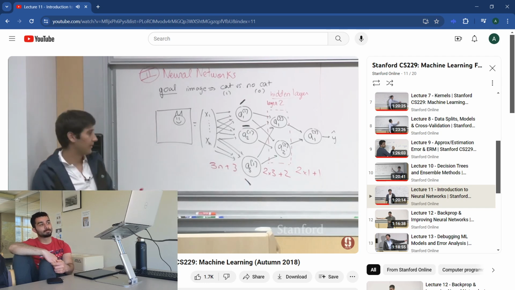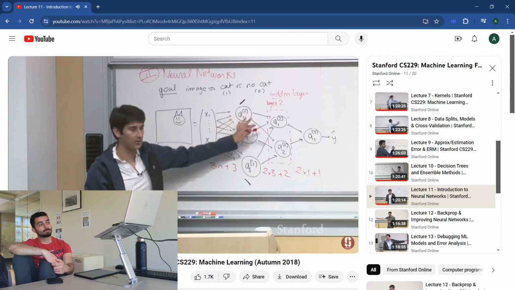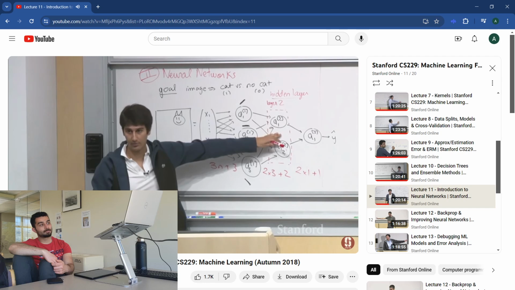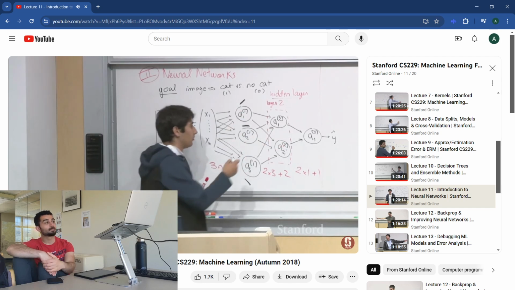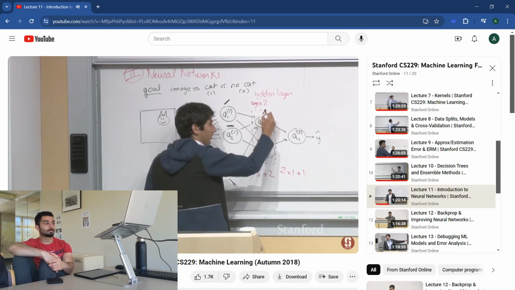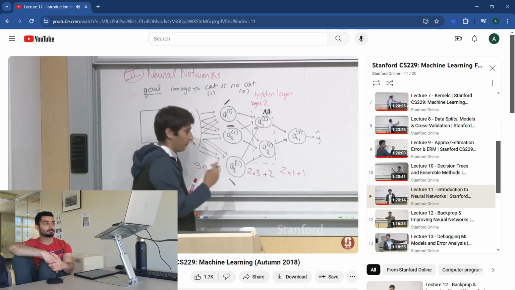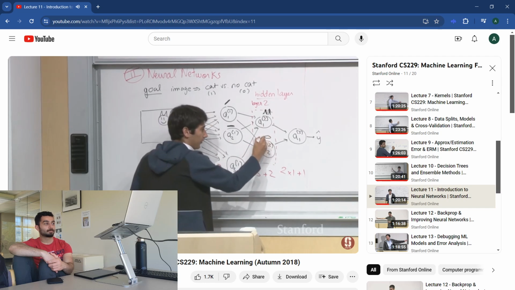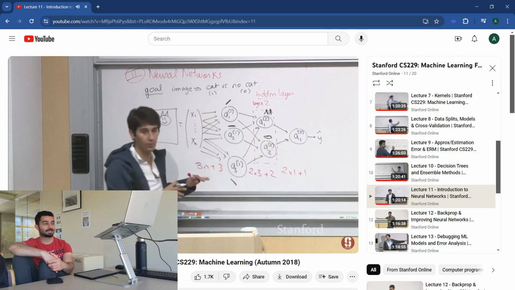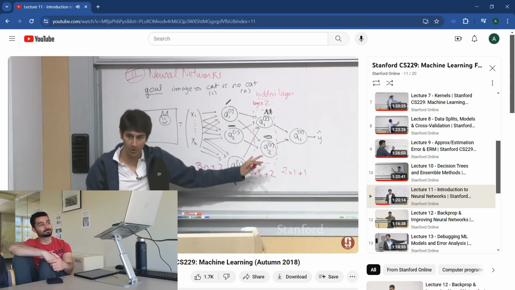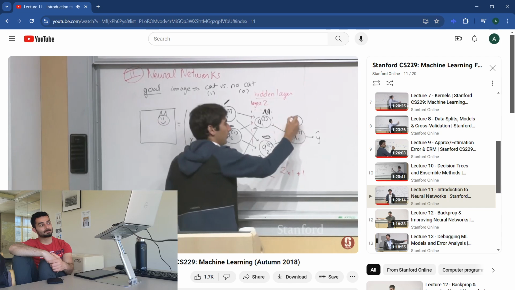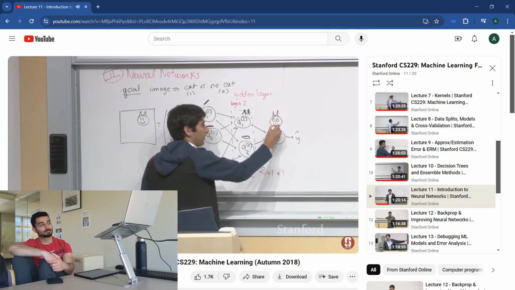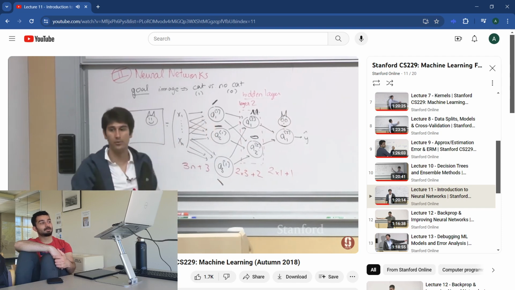Then these neurons are going to communicate what they found on the image to the next layer's neurons. This neuron is going to use the edges that these found to figure out, oh, there are ears, while this one is going to figure out, oh, there is a mouth, and so on, if you have several neurons. And they're going to communicate what they understood to the output neuron that is going to construct the face of the cat based on what it received, and be able to tell if there is a cat.